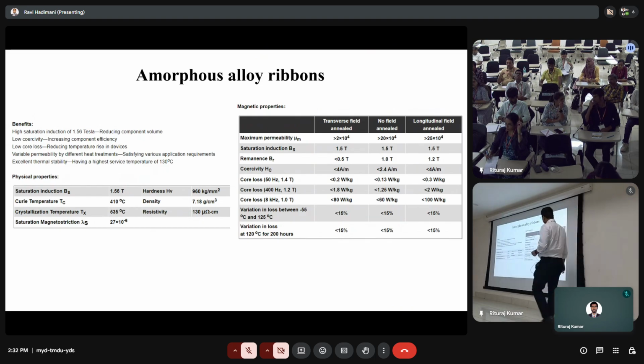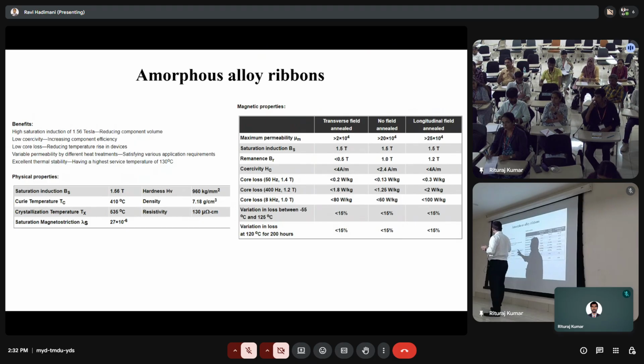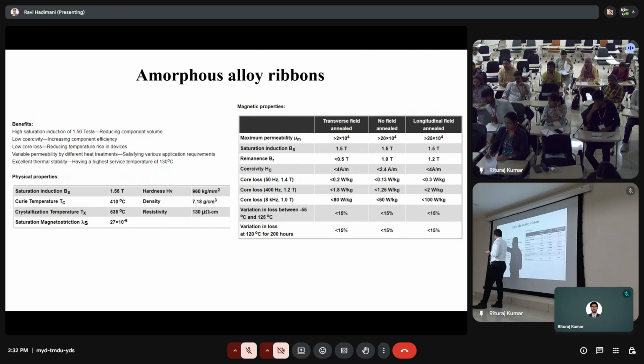So here are the properties of amorphous alloy ribbons. Their benefits are high saturation induction, so high saturation in magnetic materials, and low coercivity. Low coercivity is good for electrical steels. That means when the transformer oscillates at 50 hertz, there is no heating. Low core losses. Remember I talked about the humming noise?